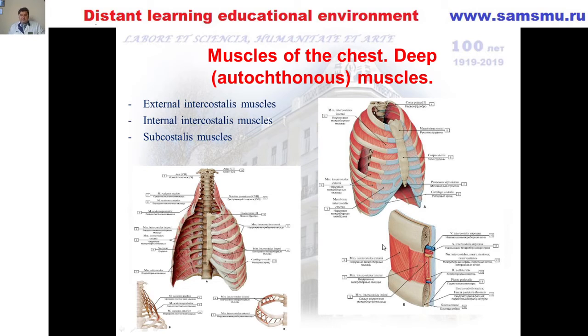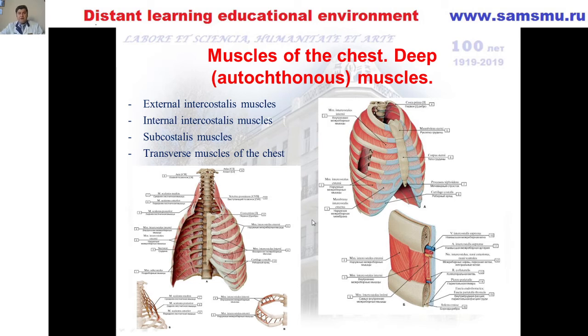The subcostal muscles, musculi subcostales, are thin muscular bundles found on the inner surface of the lower part of the thoracic cage in the region of the costal angles. Their fibers are directed like the fibers of the internal intercostal muscles, but the muscles overlap one or two ribs.